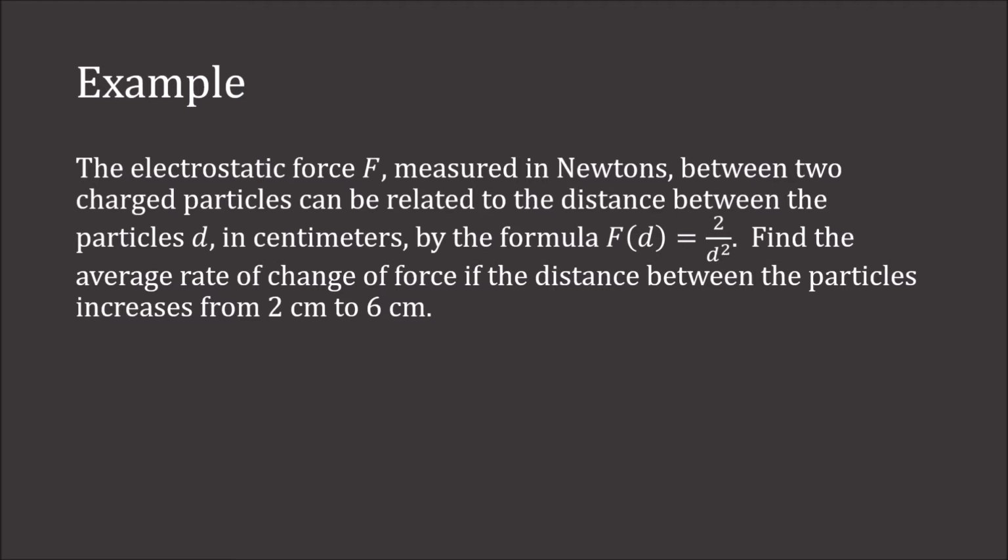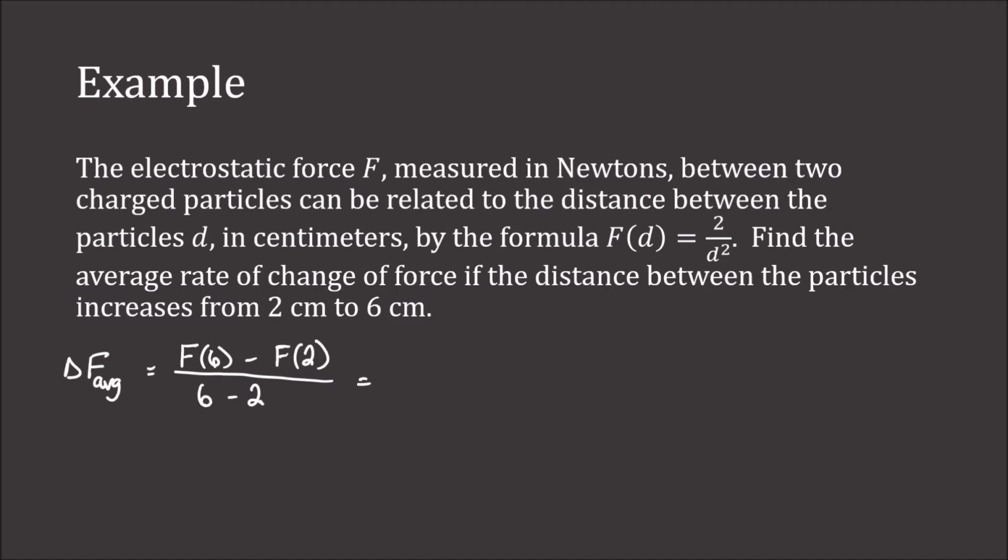So in this case, we want delta f average. Well, this would simply be f of 6 centimeters minus f at 2 centimeters divided by 6 centimeters minus 2 centimeters, right? So it's the change in force divided by the change in distance.